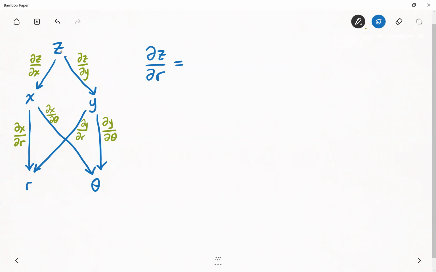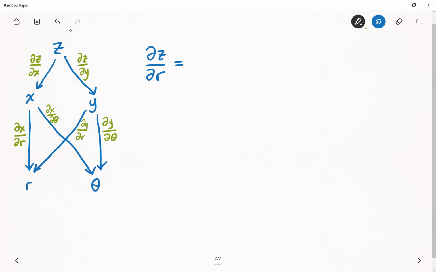It's indirect, and there's two different ways z depends on r. Right? Z depends on r through x, and also z depends on r through y. So along each one of these chains of arrows, we'll multiply together the derivatives, and we'll add the results from each one of the chains.